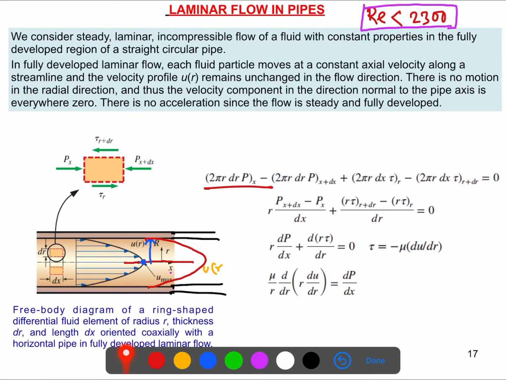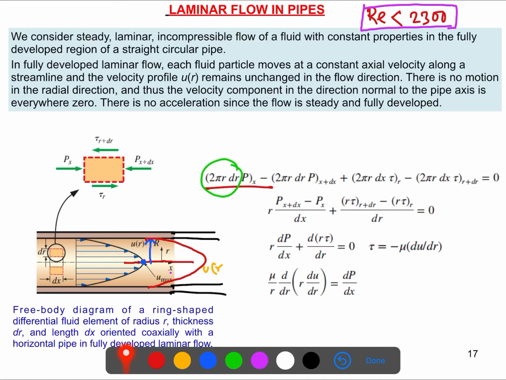plus dr. Now if we divide all parts of the left-hand side by 2 pi r dr, the right-hand side is 0, and if we rearrange it, we'll get it like this. So now we have two derivatives here, dP and d(r tau).